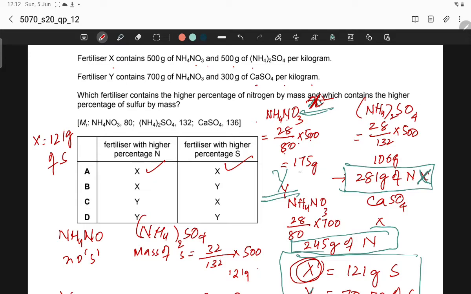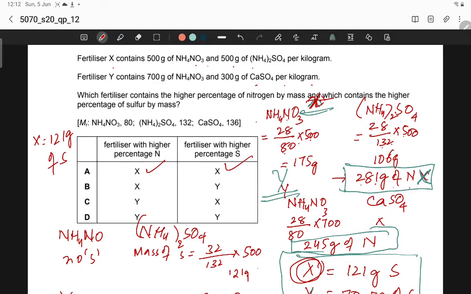Ammonium nitrate contains 175 gram of nitrogen, while ammonium sulfate contains 28 over 132, the Mr of ammonium sulfate, times 500. This will be equal to 105 gram. So X contains 281 gram of nitrogen overall.